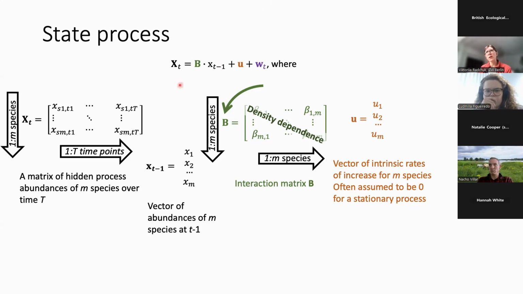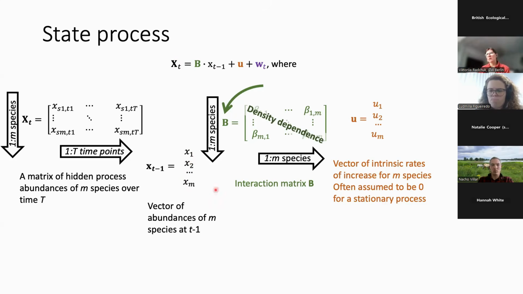Also something I should have mentioned, our x_{t-1} abundances here, these are usually logged. Well, these are actually the abundances that we want to infer. We don't have access to them, but our input data that I will come to soon, our counts, are logged prior to supplying them to MARSS.